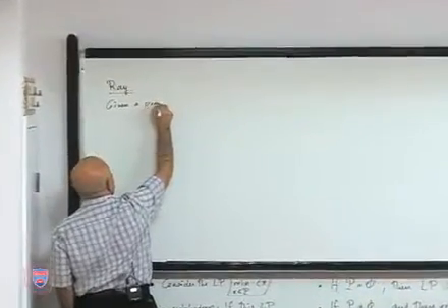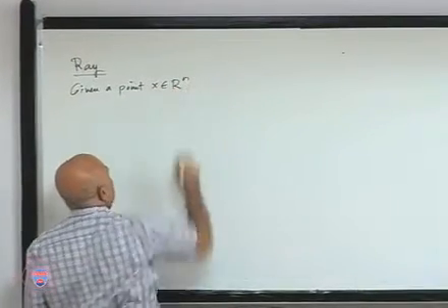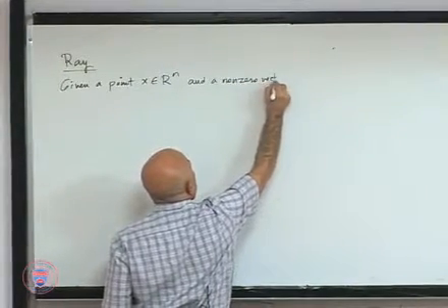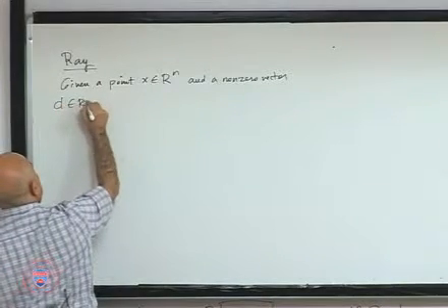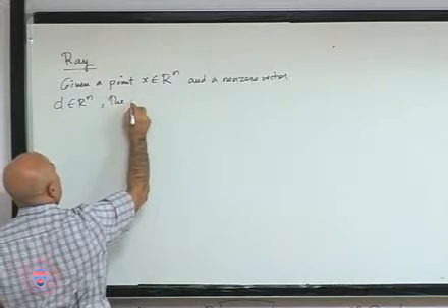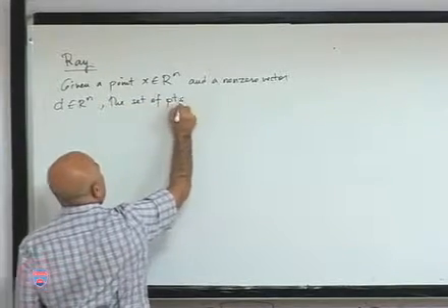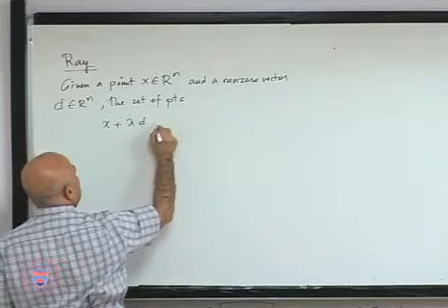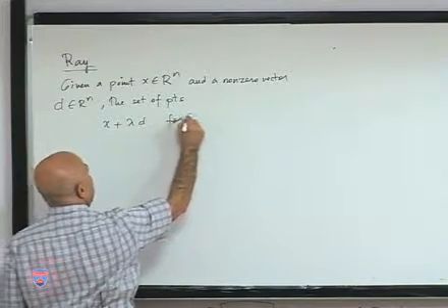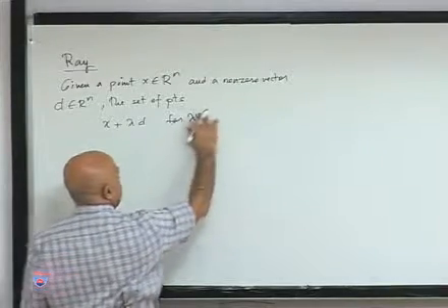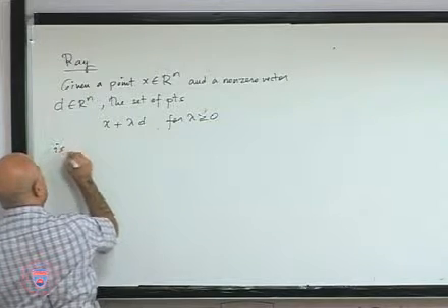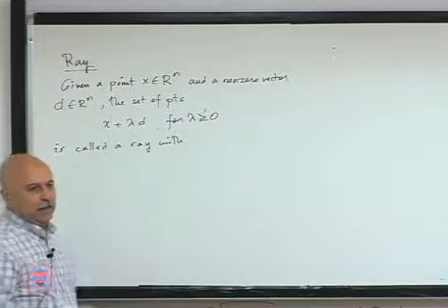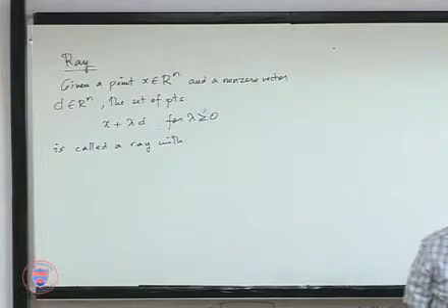Given a point x in n dimension and a non-zero vector d in Rn, the set of points of the form x plus lambda d for lambda non-negative is called a ray with tip at x, or with vertex at x.